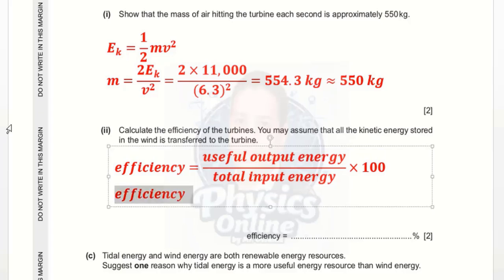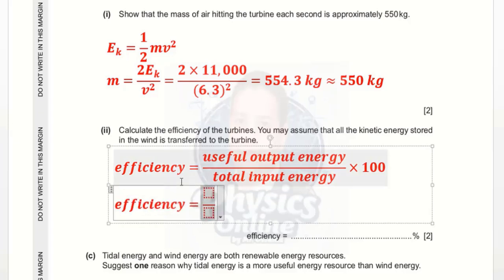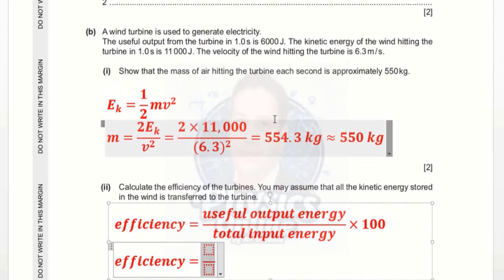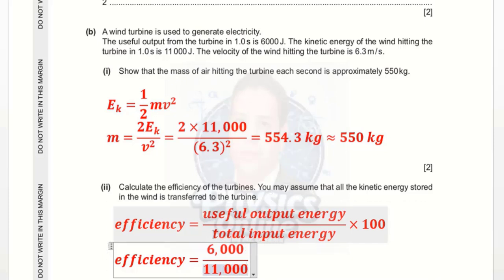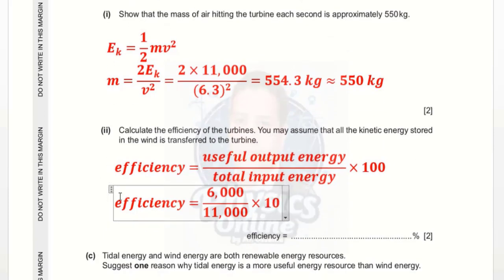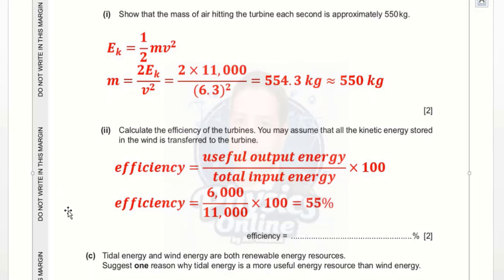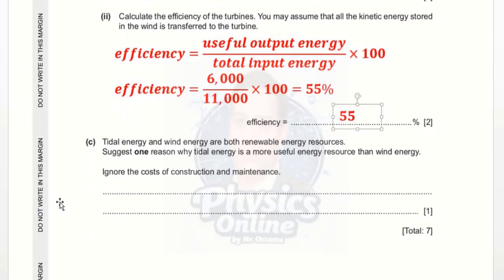So the useful output energy, as written here, is 6,000 joules, and the total input energy, which is the kinetic energy, is 11,000 joules, times 100. It equals about 55%. Final answer, 55%.